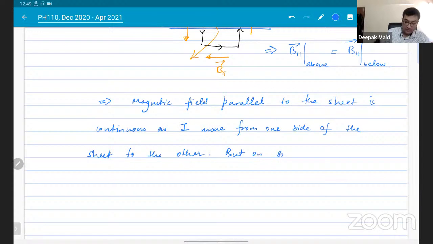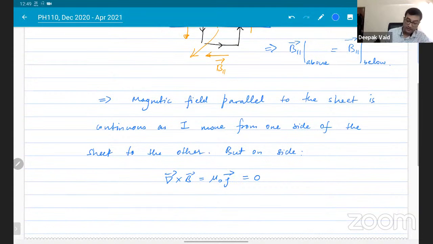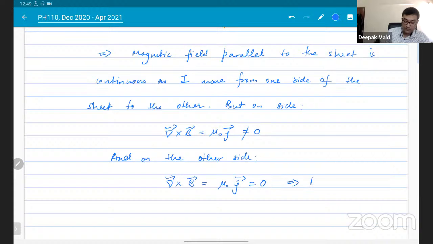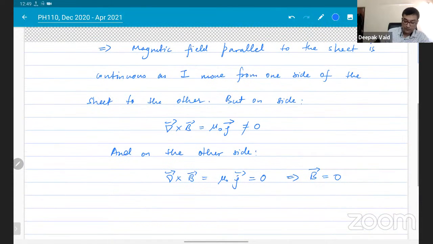But on one side, I have curl of B is equal to mu naught J, and J is not equal to 0. And on the other side, I have curl of B is equal to mu naught J, but J is equal to 0. Does this imply that B is equal to 0?